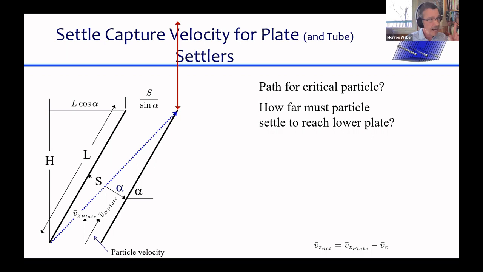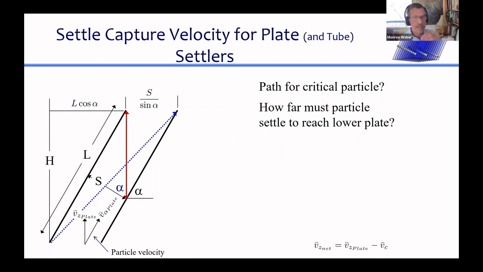And during the time that the water was traveling up between the plates, the particle was settling down at its terminal velocity. And it was doing that the whole time. And so let's see what happened. That arrow is the distance that the particle traveled down while it was being carried up by the flow. Right? It entered right next to the top plate. It exited on the bottom plate.